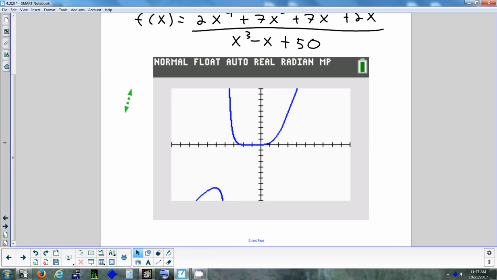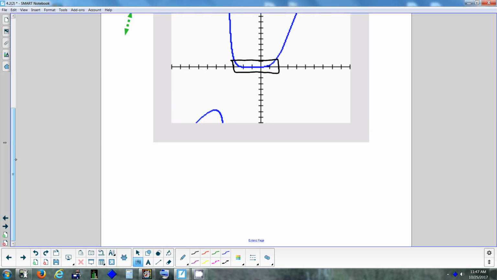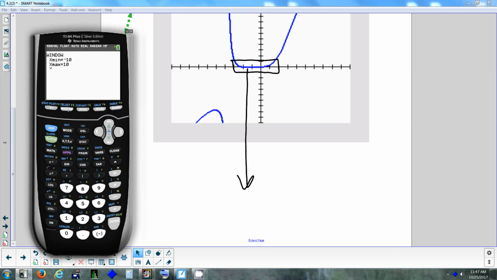Abby? It looks like it's flat on the x-axis. Yeah, it looks like it's pretty flat. So what I'm going to do is zoom in exactly where I just put that box. So let's zoom in there and look at that. That's between -1 and 1 on my y-axis, so I'll put that in first.